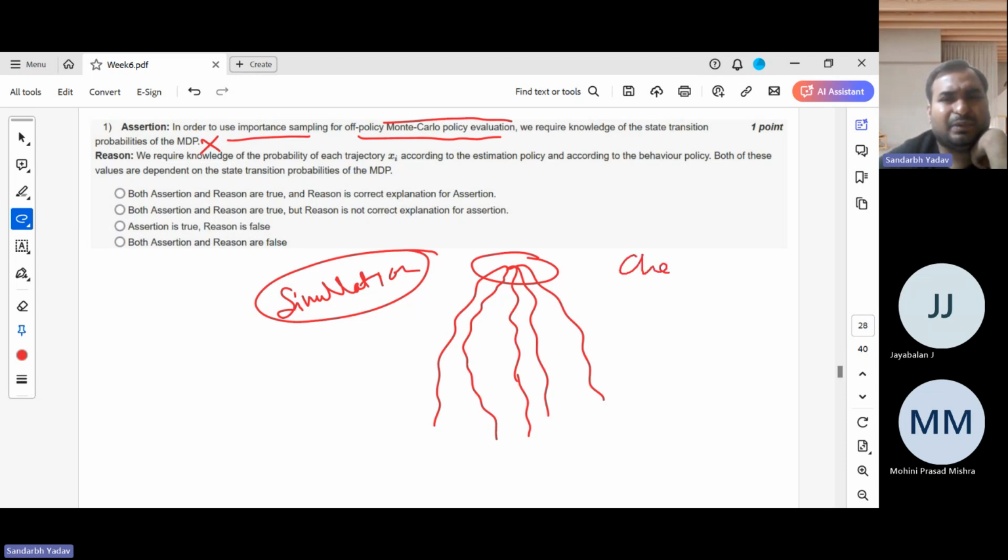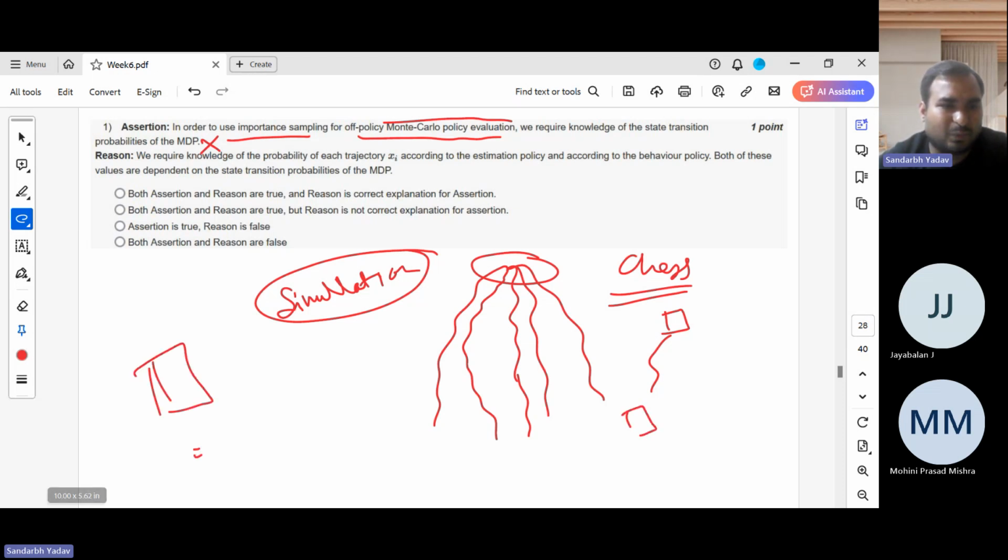Maybe you can consider the game of chess. In chess, you don't need these probabilities, with complex programs like AlphaGo, and some are used for playing chess also. They don't require knowledge of transition probabilities. A state here comprises the board position, like one snapshot of the board.